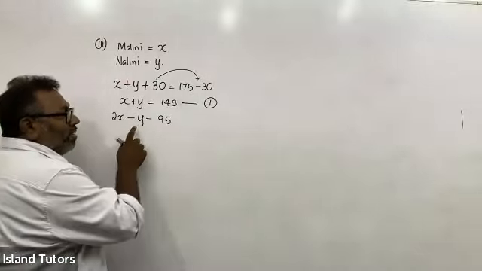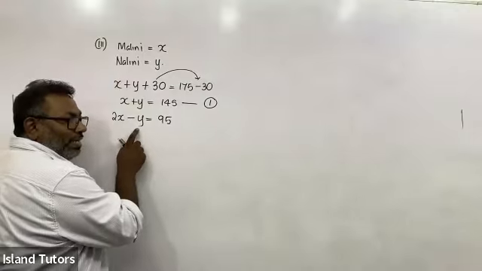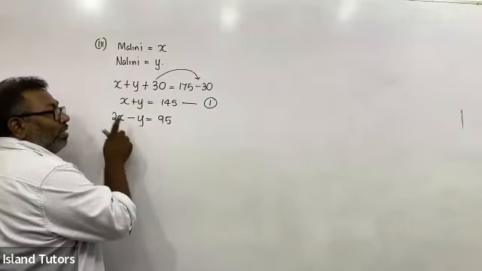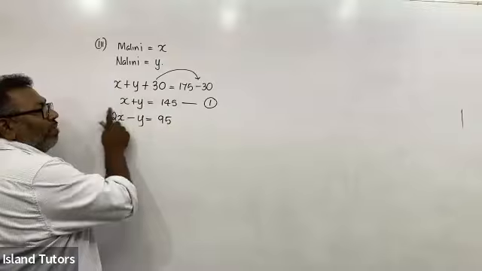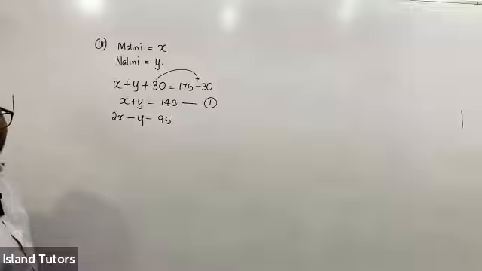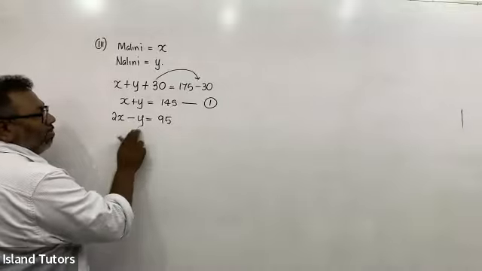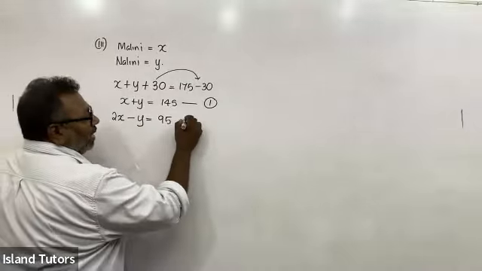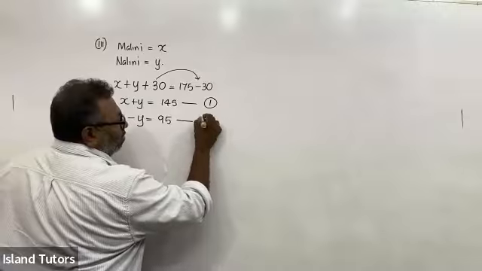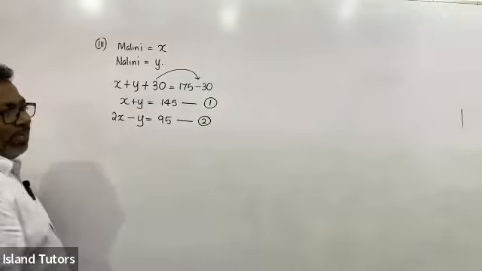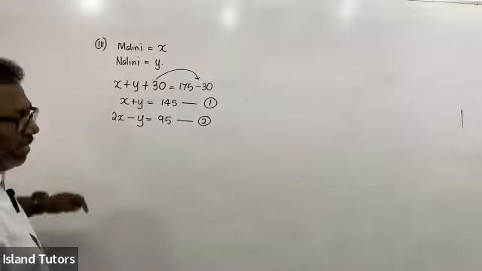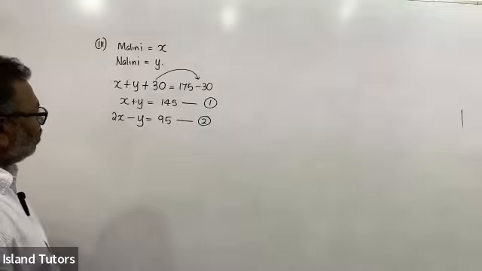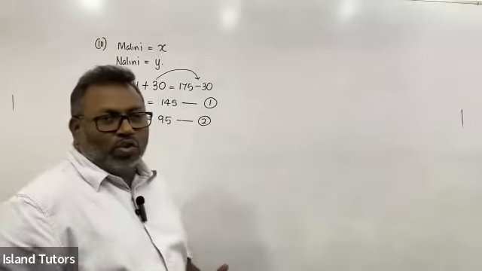The difference is that what Nalini has is 95 rupees less than 2 times what Malini has. So 2x minus y is equal to 95. This becomes your second equation. Right? So you have your first equation, second equation. So now we can straight away go to solve.